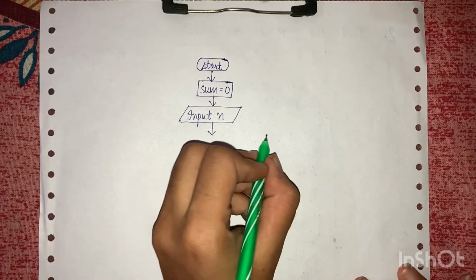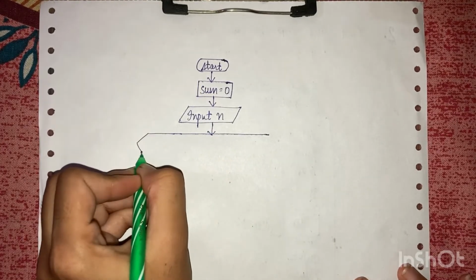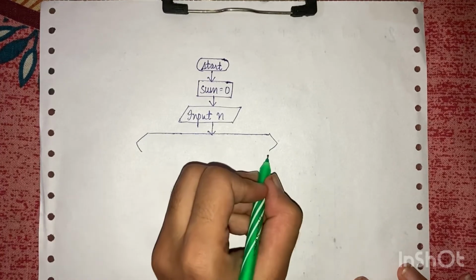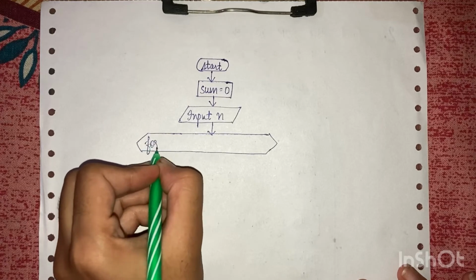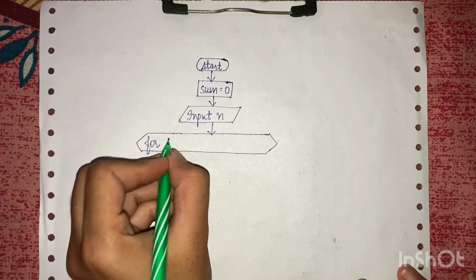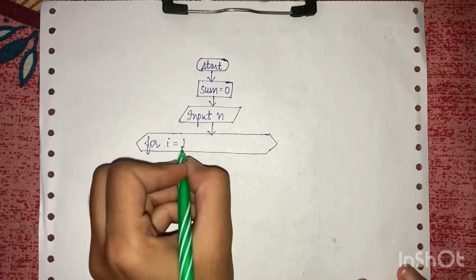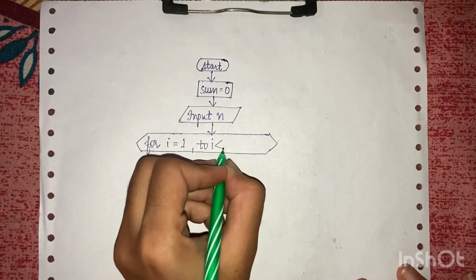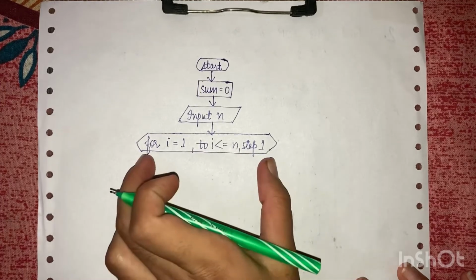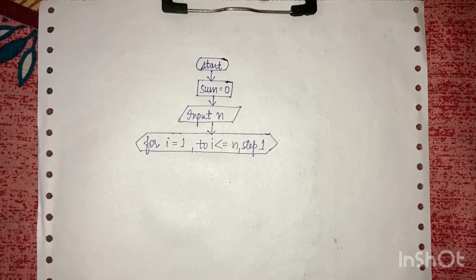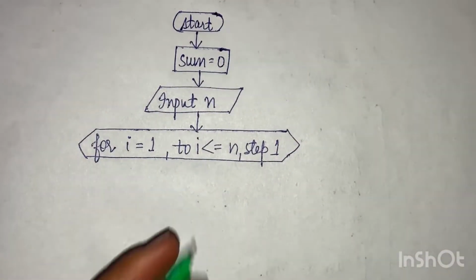Then we are writing a for loop, and in the first video where I did the introduction to flowcharts, I told you that we use this box for loop. So for I is equals to 0 to I less than equals to n, step 1.